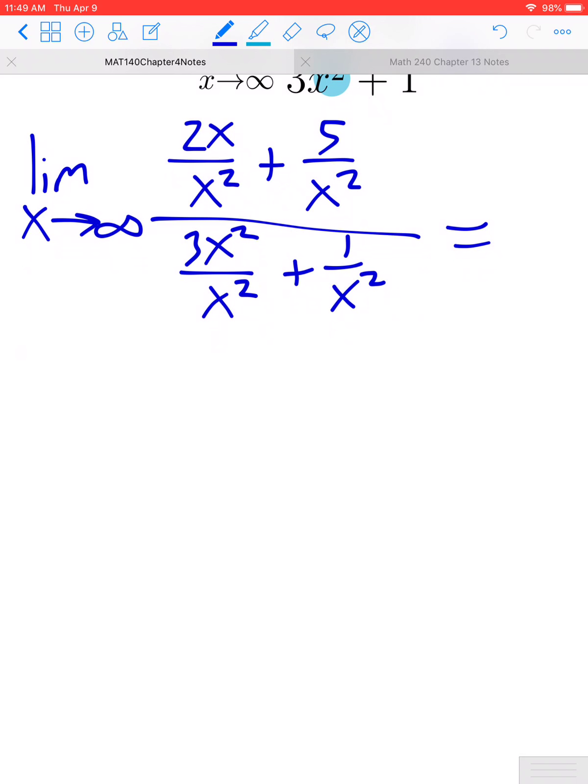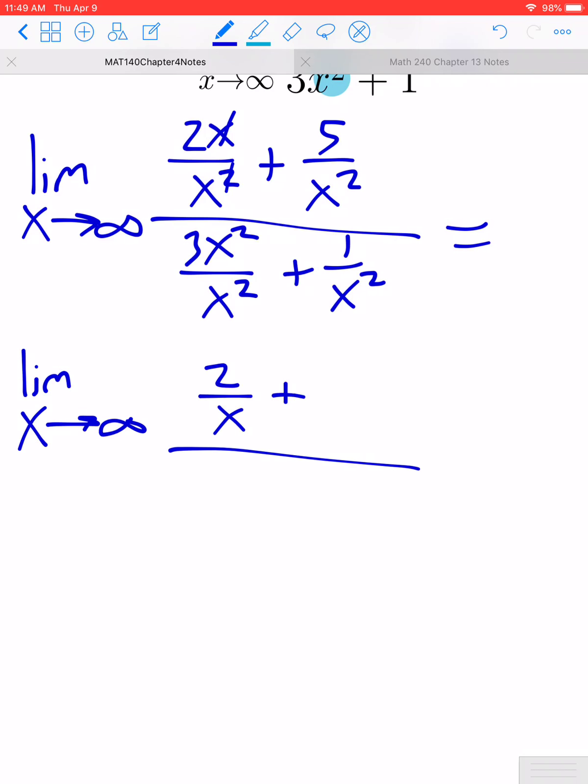We can algebraically simplify this. This is the limit as x approaches infinity of, we can cancel one of those, that's still going to leave us with 2 over x plus 5 over x squared. Here, both of those cancel, so we're left with 3 plus 1 over x squared.